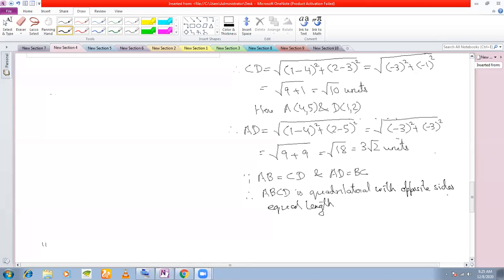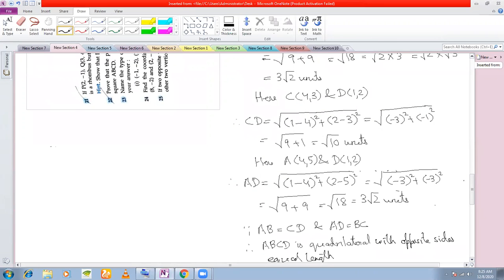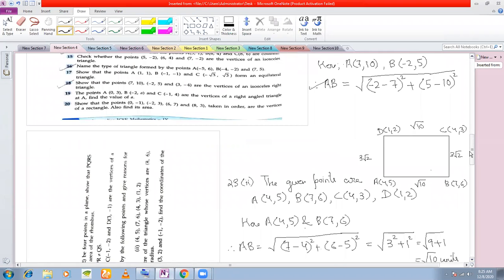But what is the difference between a parallelogram and a rectangle? A rectangle has all the angles 90 degrees and a parallelogram does not. If you can show that one angle is 90 degrees, that will be sufficient, and then you can say that it is a rectangle. Otherwise, what else can you do? Any other way?